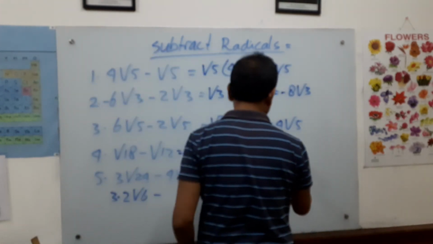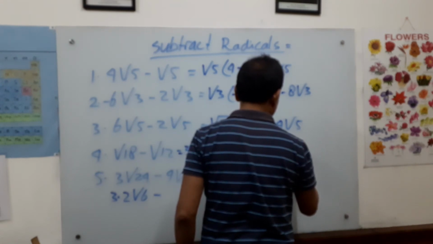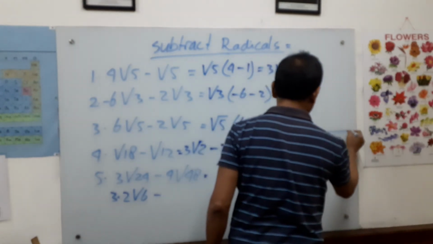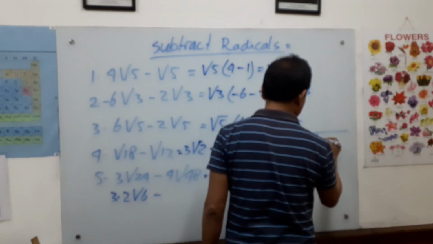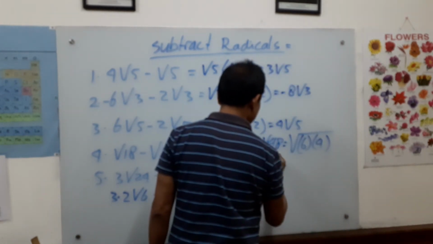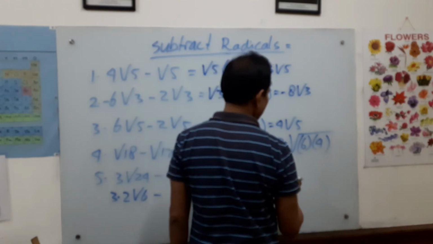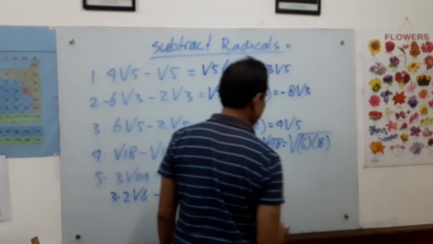So we put here square root 48 comes from 6 times 8, sorry.